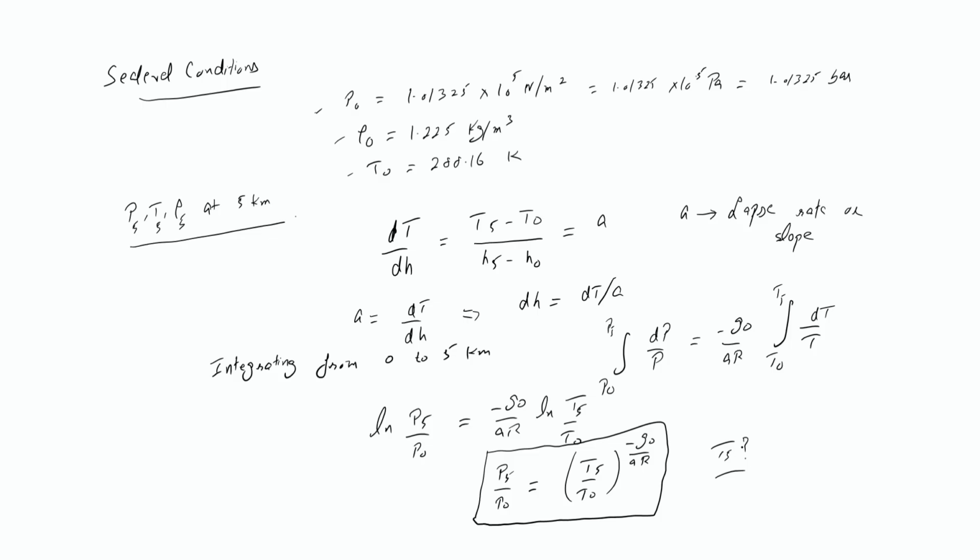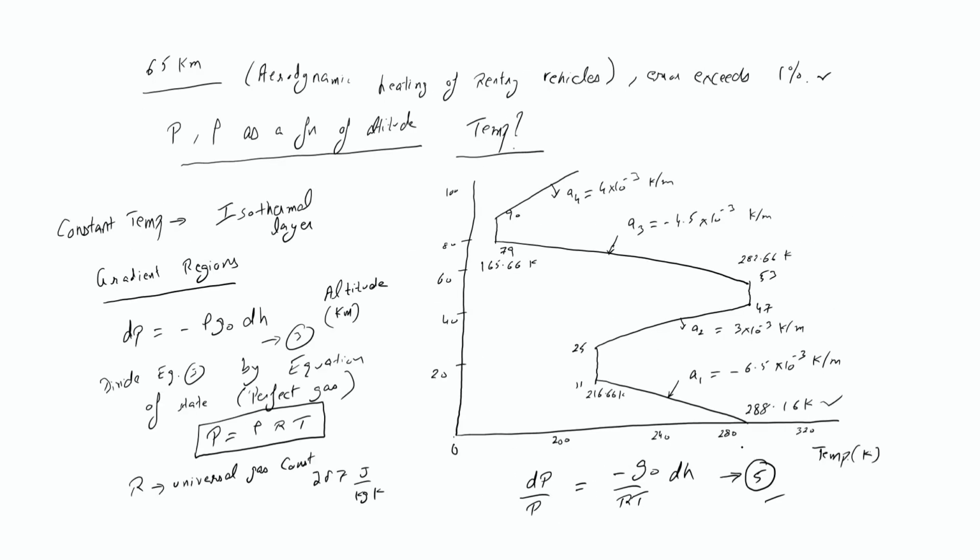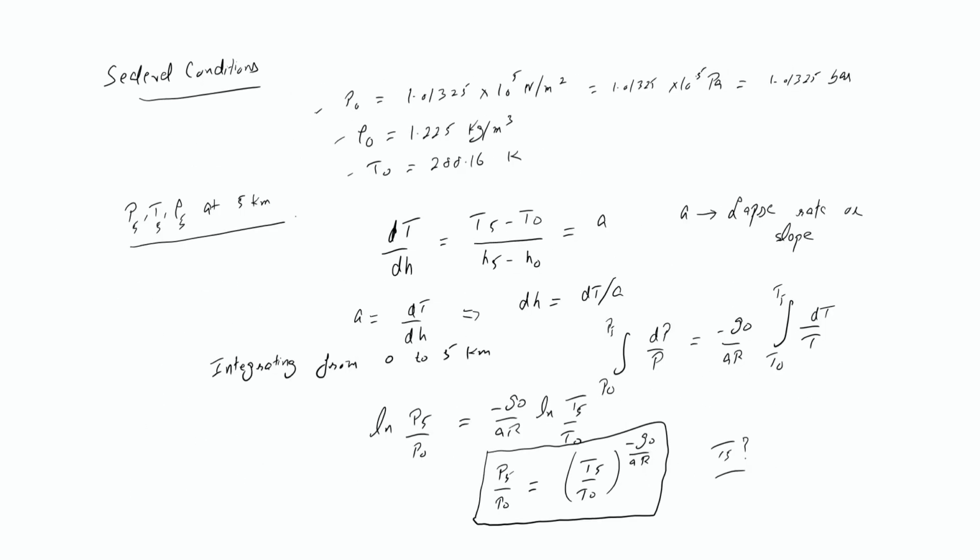Even though we have the table and the plot here, we can still find T5 because it is a linear curve. So T5 equals T naught plus dT upon dh times h5 minus h naught. Do not forget the straight line equation, y equals mx plus c.